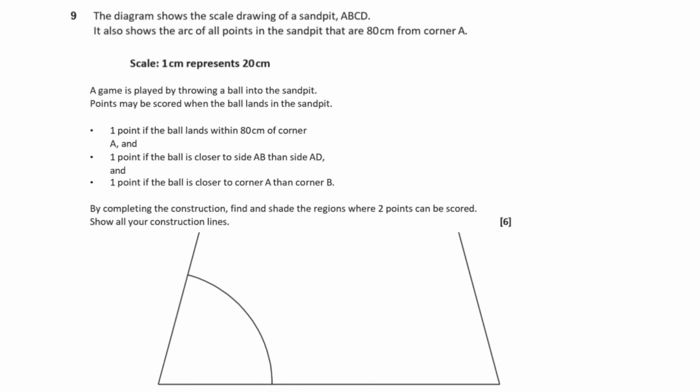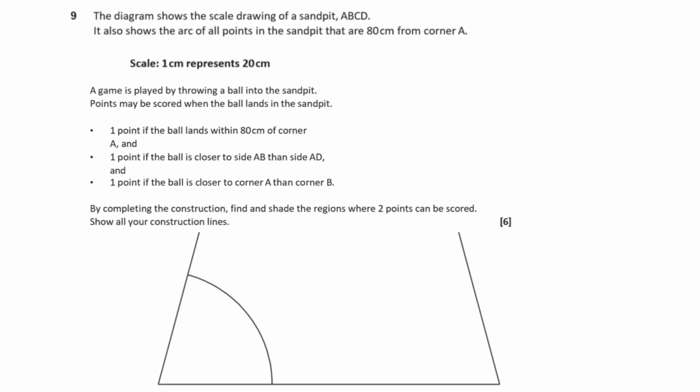Question 9. The diagram shows the scale drawing of a sandpit ABCD. It also shows the arc of all points in the sandpit that are 80 centimeters from the corner A. We're told that the scale of 1 centimeter represents 20 centimeters. A game is played by throwing a ball into the sandpit.